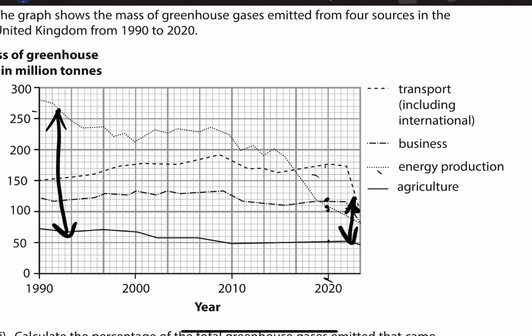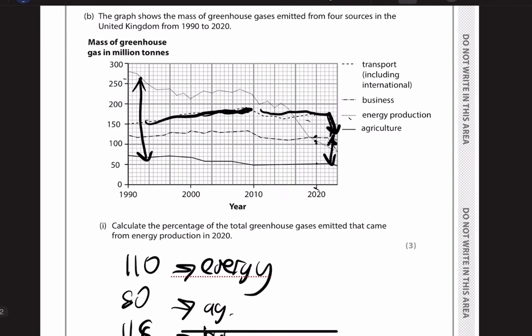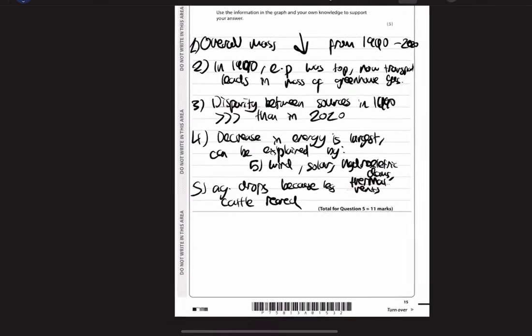I'm talking about this drop in transport here, but we actually saw an increase in transport up to 2010. I guess that makes sense because from 1990 to 2010, we had more cars. So here we have the increase of cars, and then we're like, oh, there are too many cars, so let's get public transport. And then we got really good at public transport here. So, yeah, there we go.